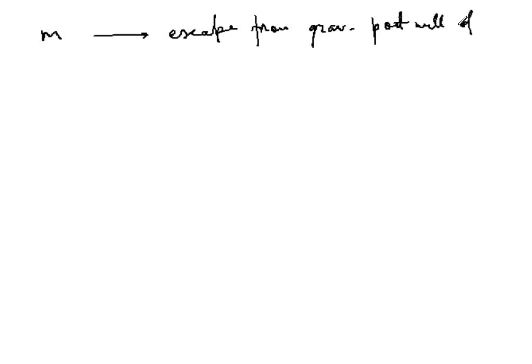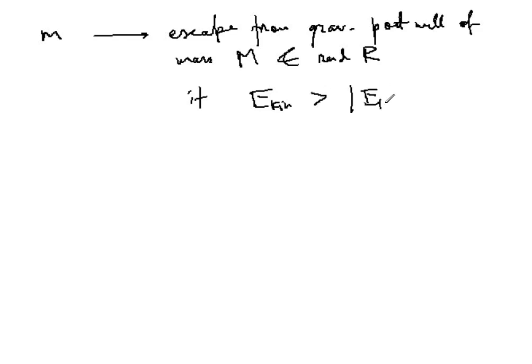Now let's just look into the basic details of it. Let us consider an object of mass m which can escape from the gravitational potential well of mass capital M and radius capital R, and this will happen only if kinetic energy is greater than potential energy. Right?